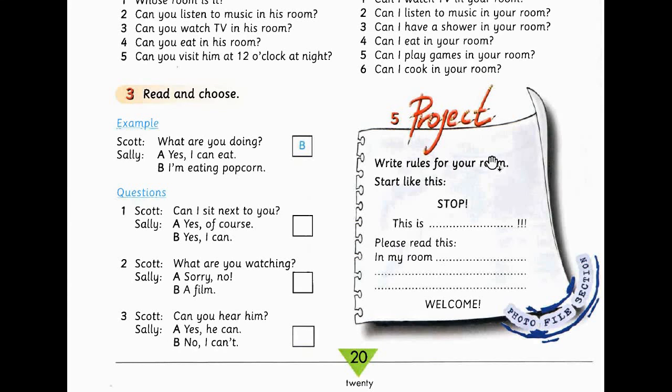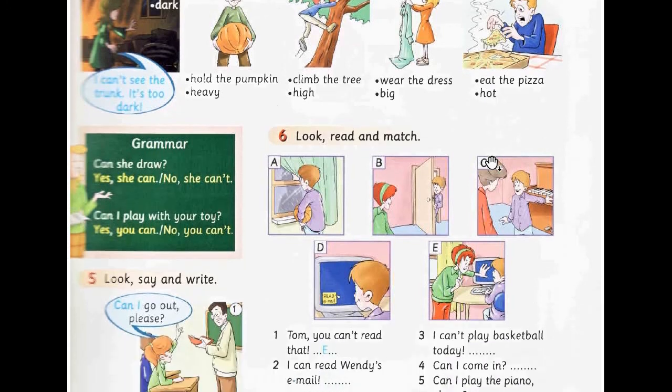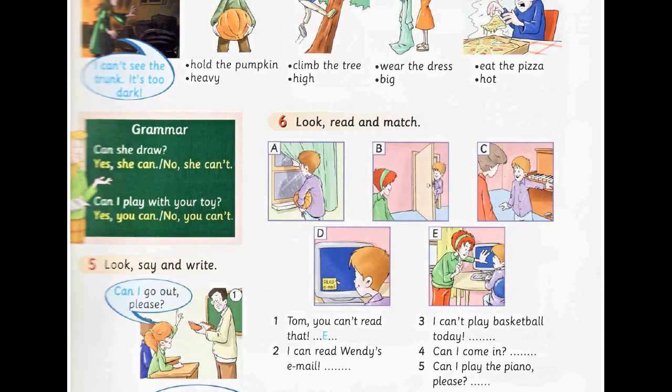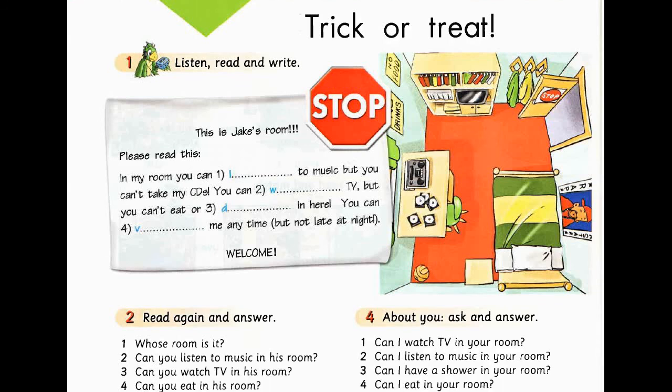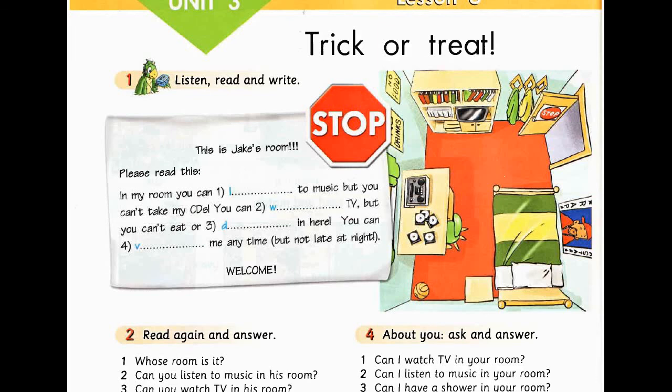Okay, so what did you learn today? Today we started with a recap of the previous session about can, can't, about questions, about negatives and also positives, and then we moved to today's program and we continued with the same title, Trick or Treat, but in a different way.